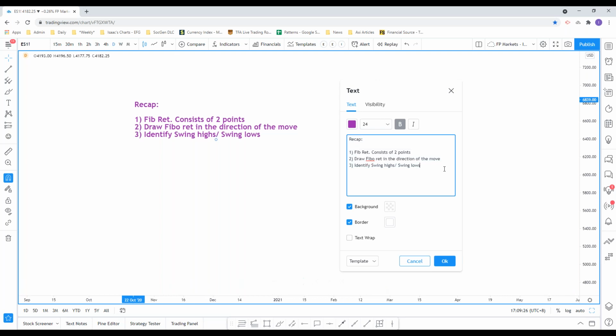So, swing highs and swing lows. Some of you asked, Isaac, how do I identify swing highs and swing lows? I broke it down quite easily. We always start with the biggest time frame. You can start off with a bigger time frame, and then work your way down to the lower time frame.